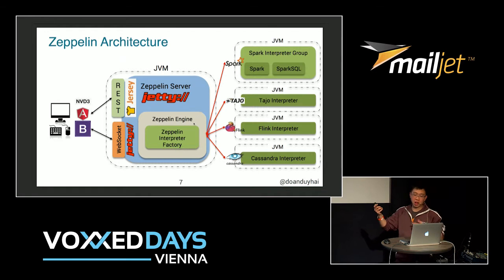So you have an interpreter for Spark here, for Apache Flink, for many projects, and also for Apache Cassandra. The communication between the Zeppelin server and those different JVMs uses the Thrift library, binary protocol, RPC calls.